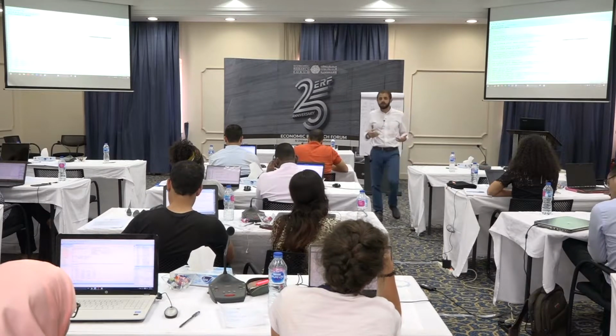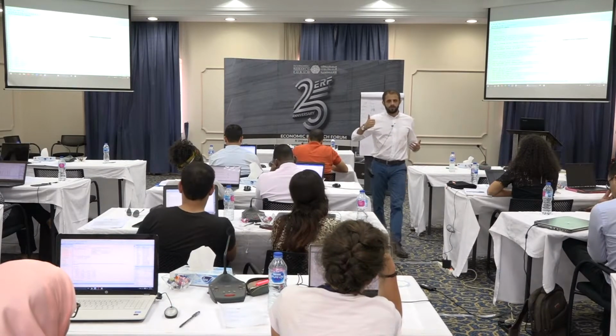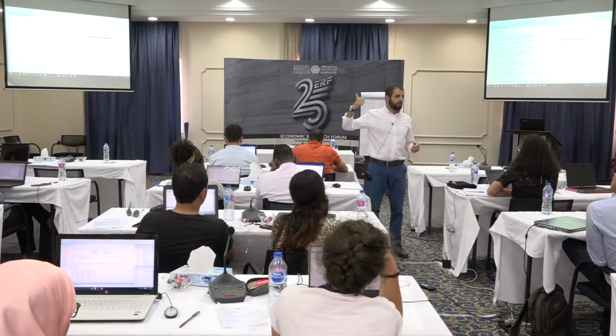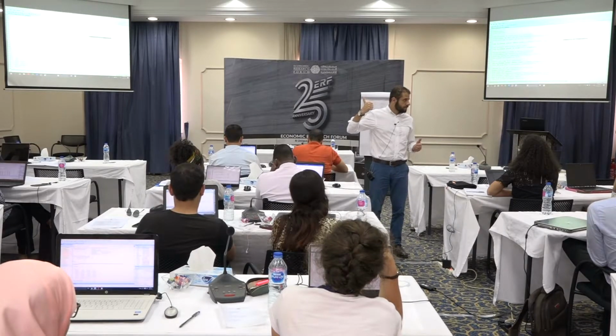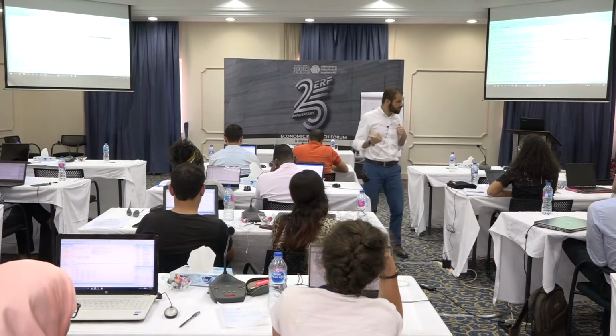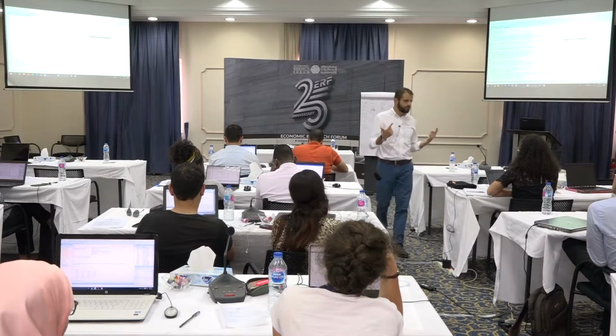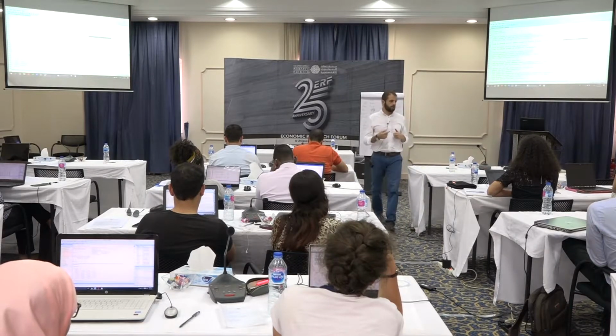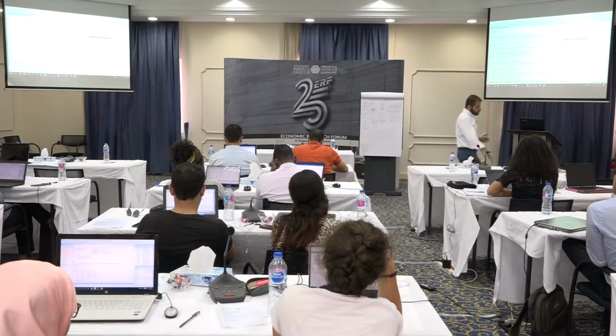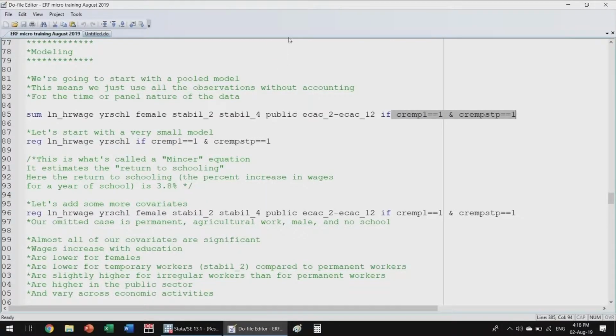So perhaps if the education of my parents is high, this will help me have a high level of education and then I will be able to work, but the level of education of my parents does not affect my wages. So this is why this variable can sometimes be used in this regard, okay? So we will run this multiple regression, I mean with more covariates.